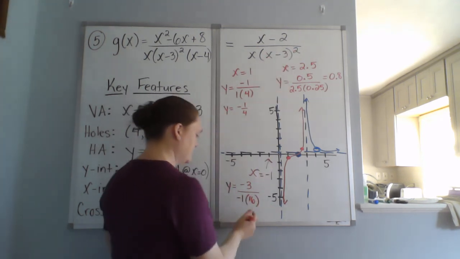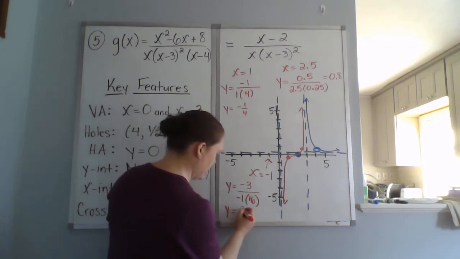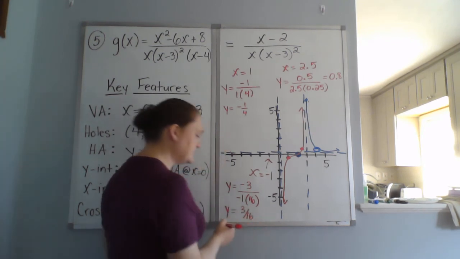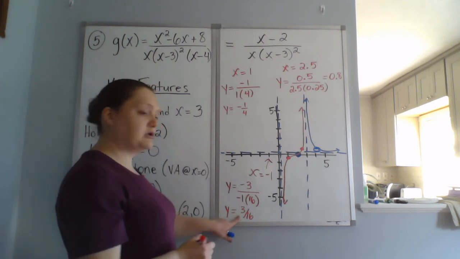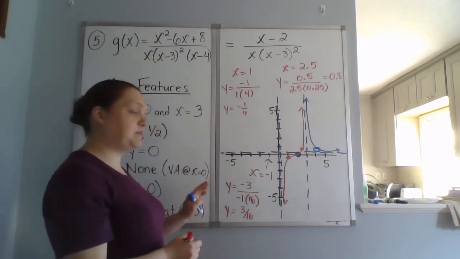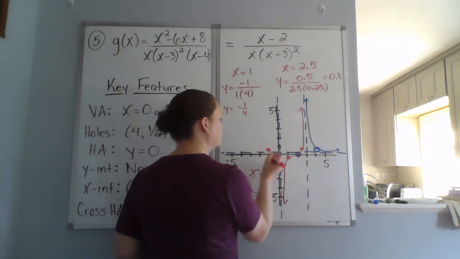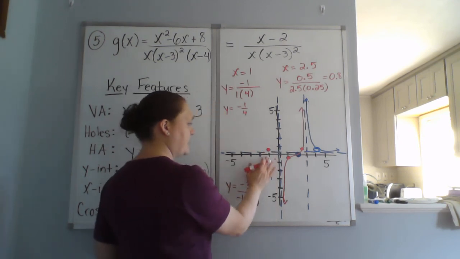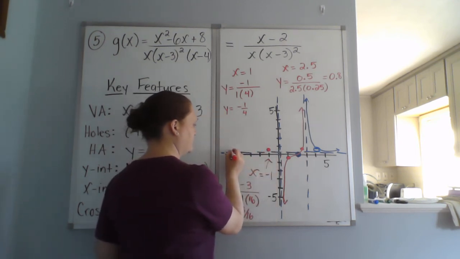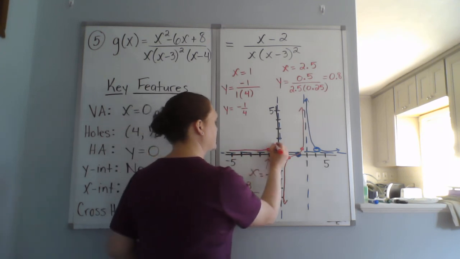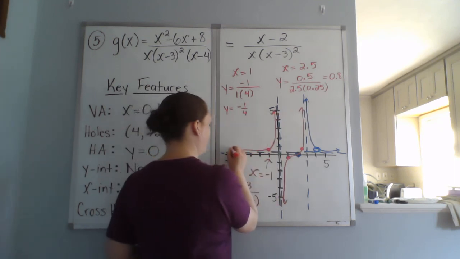Okay? So this comes out to y equals +3/16, which is a teeny tiny fraction, but the important thing is it's positive, so it's going to stay above that HA. So I've got a point right about here. Okay? And it's above the HA, so I need to stay above the HA. So I'm going to start above the HA, go through my point, and approach that VA.